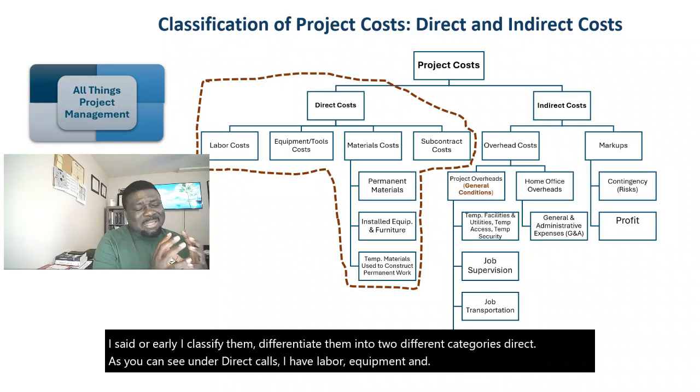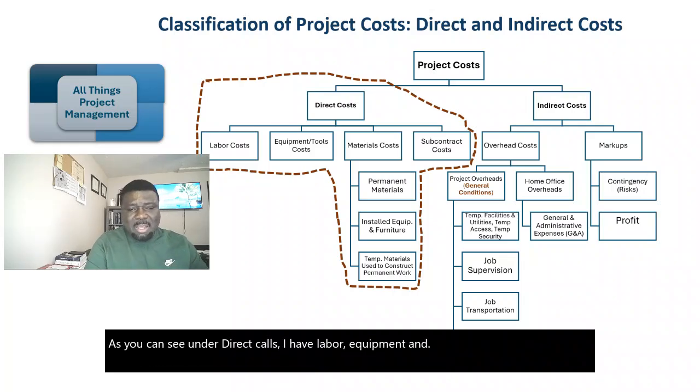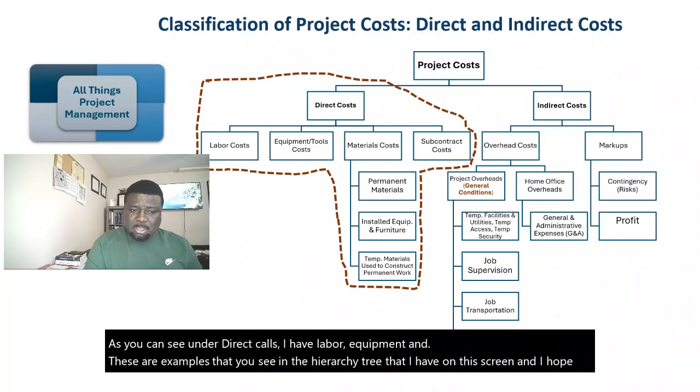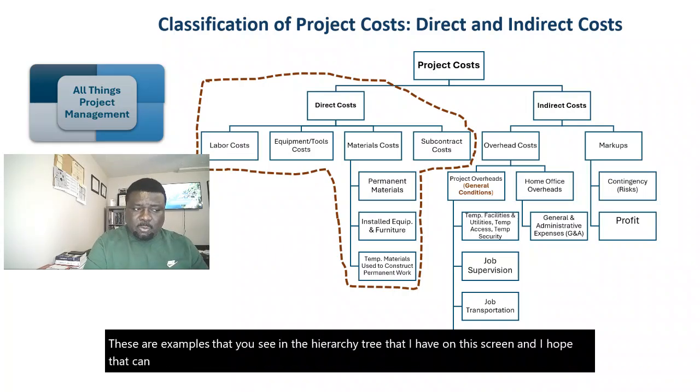These are costs that can be traced, as I said earlier, to your project. And the indirect costs are overhead, markups. So these are examples that you see in the hierarchy tree on this screen. I hope that can reinforce your understanding of what I've already discussed with you.